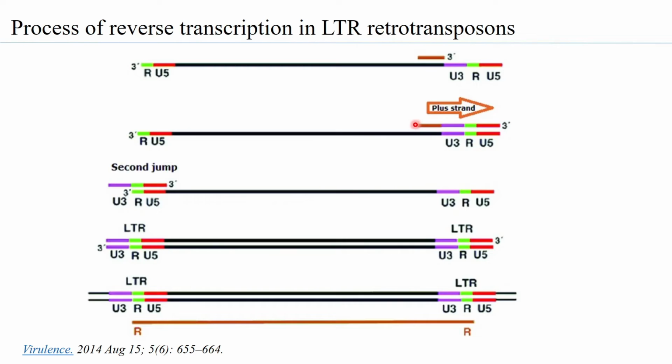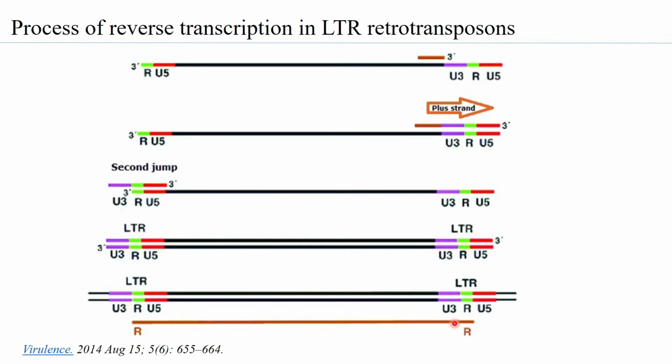So the second jump that now happens is that this R and the U5 can bind to this R and the U5 in the first complementary DNA strand. Because it can jump and bind over here, this becomes the primer for the formation of the second complementary DNA strand to give finally the complete DNA, and this definitely is the complementary DNA. Also, you have the LTR regions formed again because of the U3, R and U5 being formed on both the sides.